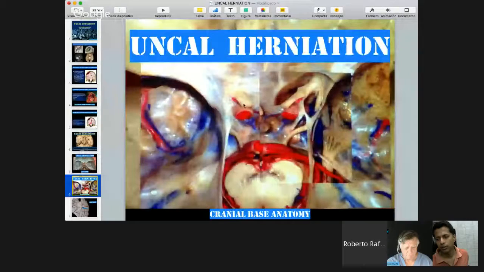This is the typical dissection, and here you can see the tentorial free edge, a sharp meningeal edge that can produce damage in the temporal lobe.